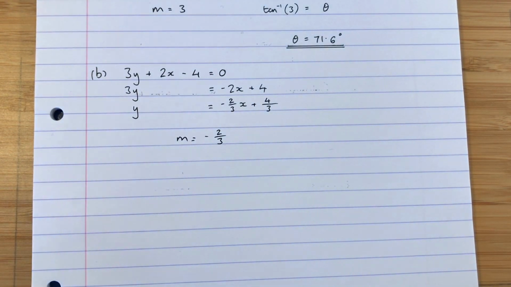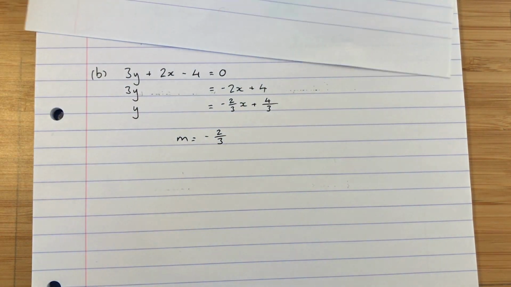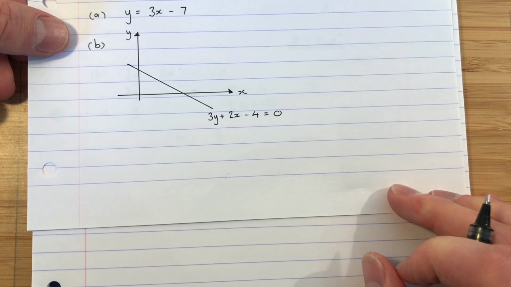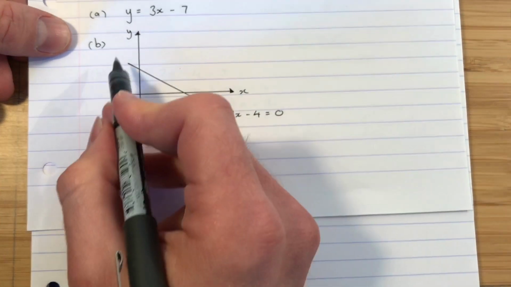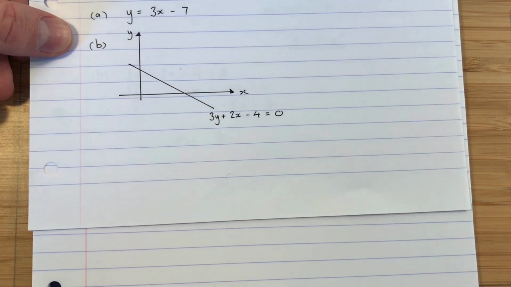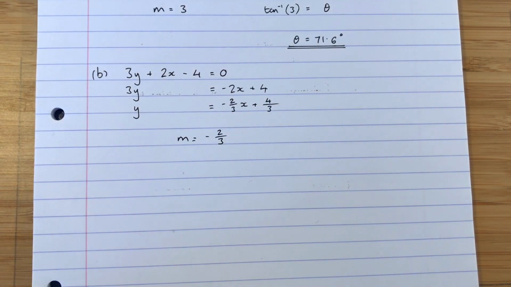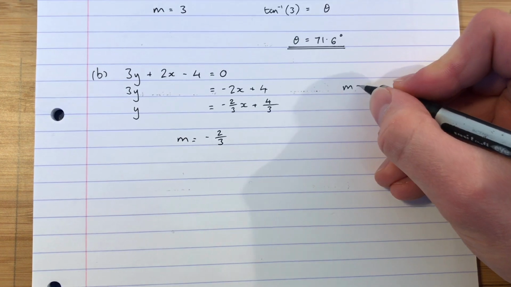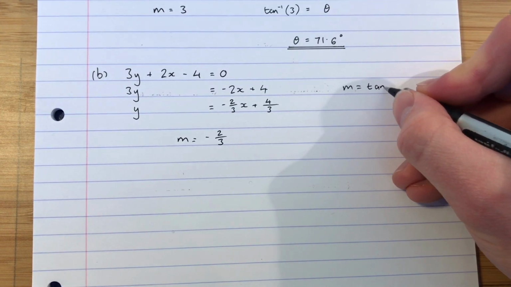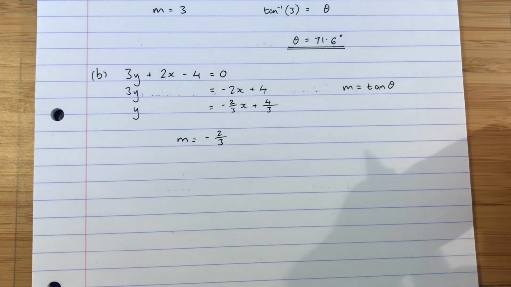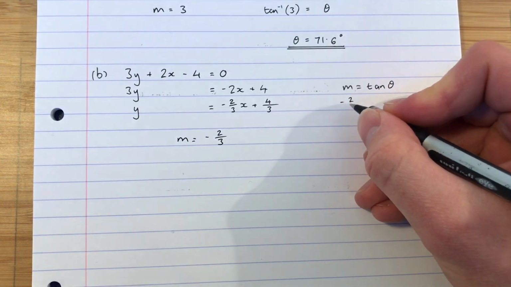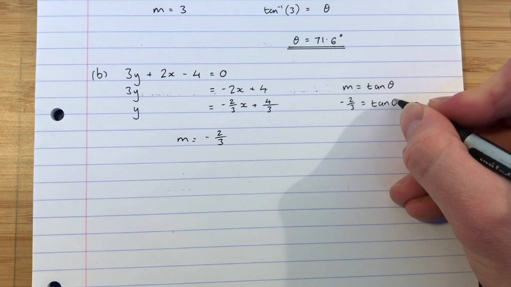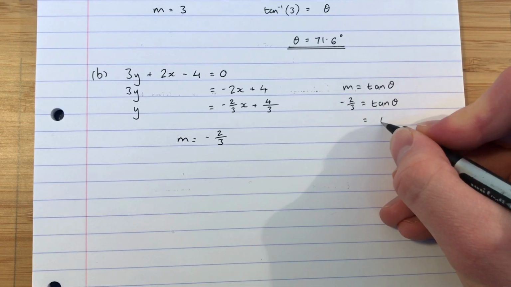Now a quick check, going back to the example. I am pleased to see that the gradient worked out as a negative. I can see this gradient is negative, so negative 2/3 is a pleasing confirmation for me. We'll go up to m equals tan theta and follow through to find the angle. So in this case, we've got negative 2/3 equals tan theta. We want to get that theta by itself.